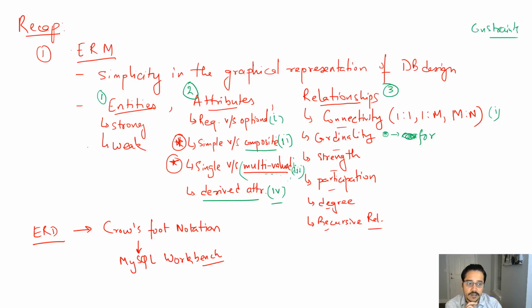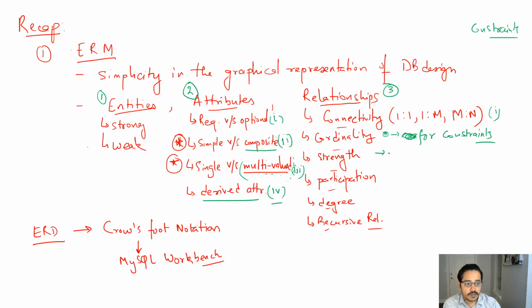So here, cardinality is reflective of the constraints, because it is establishing the minimum and the maximum number of associations between two different entities in a given direction of your relationship. Okay, so that is for your constraint.